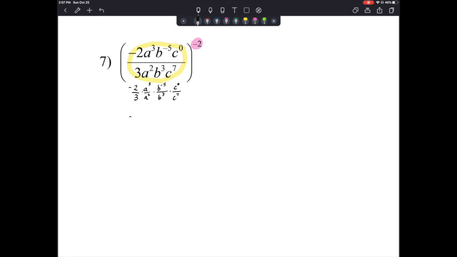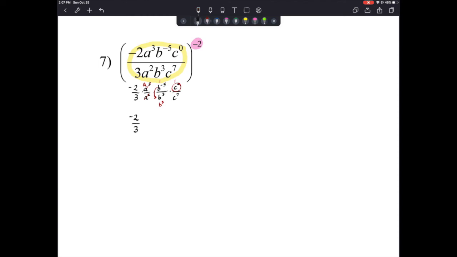So in my numerator, I'm going to have a negative 2 over that 3. We know that this a squared is going to cancel out with this, leaving us with just an a. This b to the negative fifth is going to move to the bottom with our b to the third, giving us a b to the eighth down here, and just a 1 on the top. And c to the 0 power is going to be 1, and that c to the seventh isn't moving anywhere.